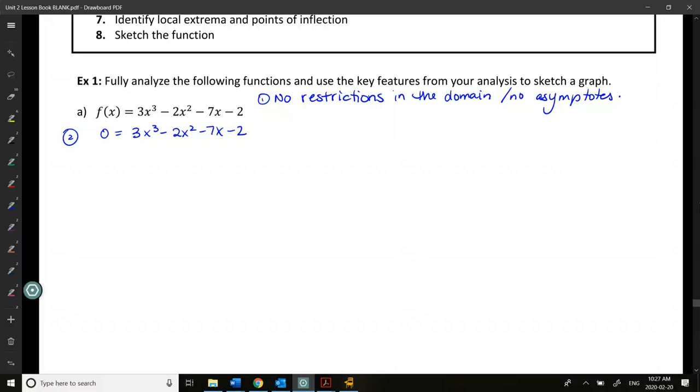Okay, so we'll do a little recap of this. When we have a cubic or degree that's higher than 2, and the leading coefficient is not 1, we will find factors of the constant. That would be plus minus 1 and plus minus 2.